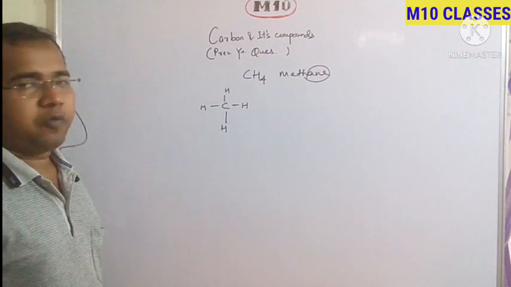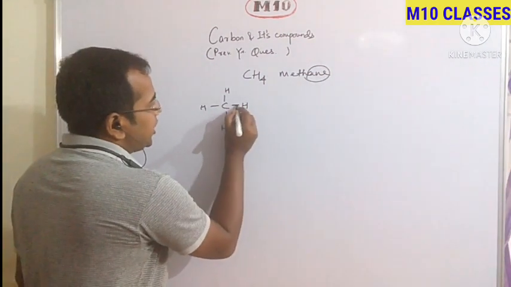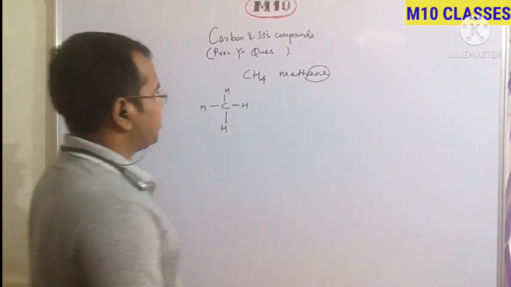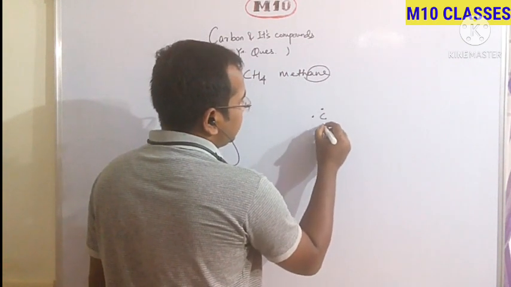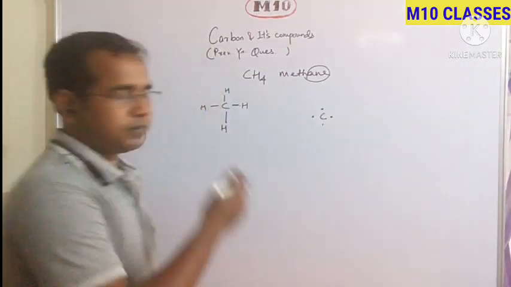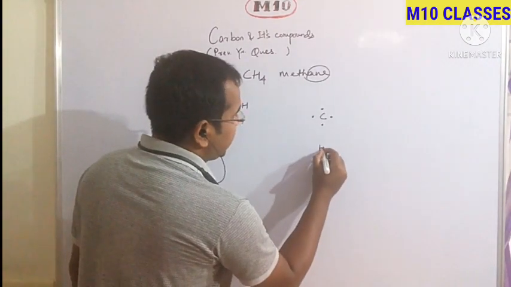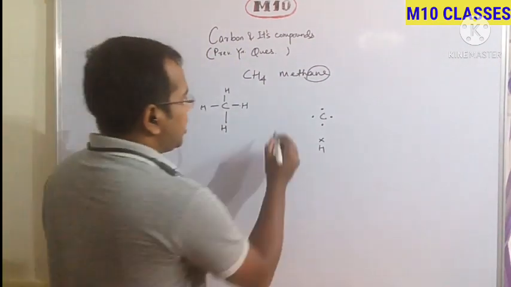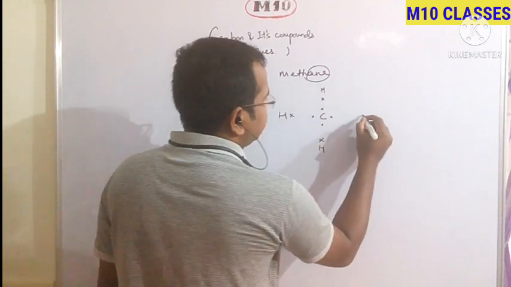Now you have to draw the electron dot structure. Remember, for each single bond 2 electrons are shared between the 2 atoms. Now for this carbon there are 4 outermost electrons. Now for each hydrogen the number of outermost electron is 1. If I have 4 hydrogen, draw the hydrogens here.